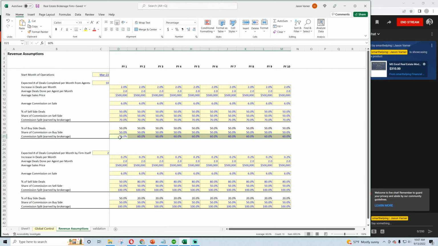What's the 60% here? Share of commission. Oh, yeah, okay. So the 60% is how much the sell side is getting of that 75. And then of that 45,000, 70% is going to the brokerage. So 31.5, and then the remainder would go to the agent, 13.5. Okay. So that's all the math. That all makes sense. So we're good there.